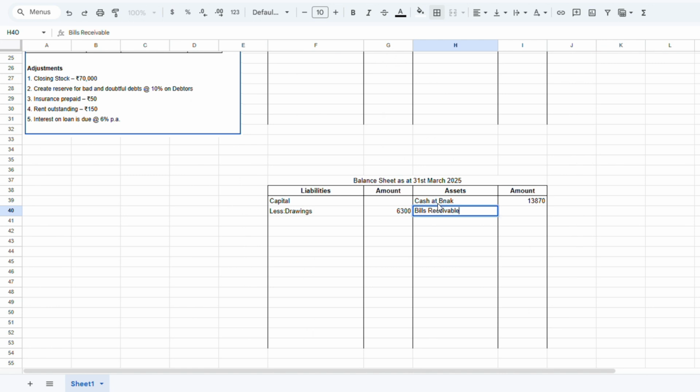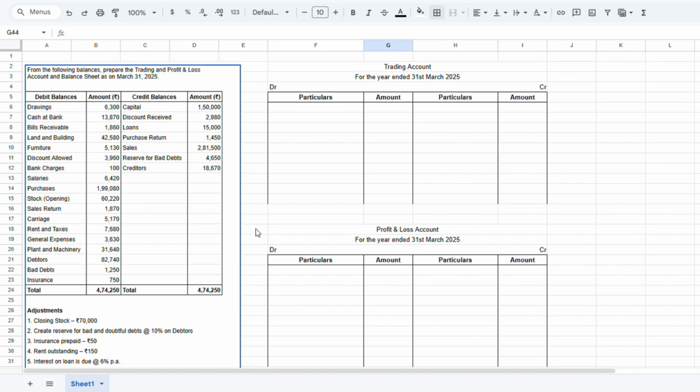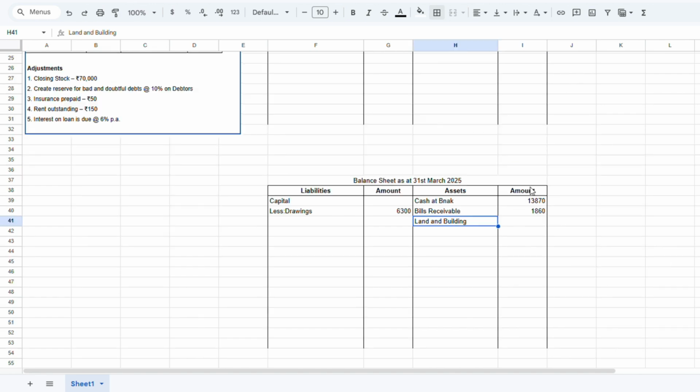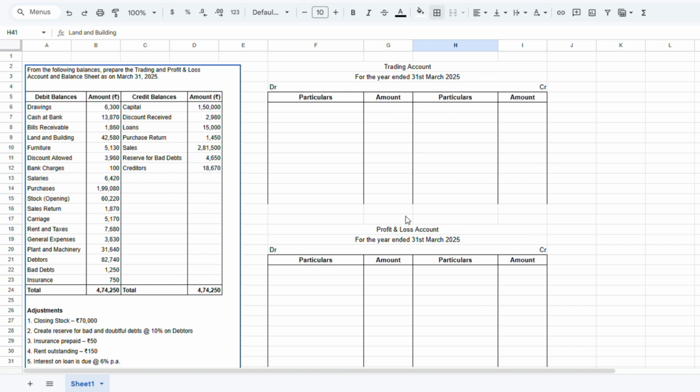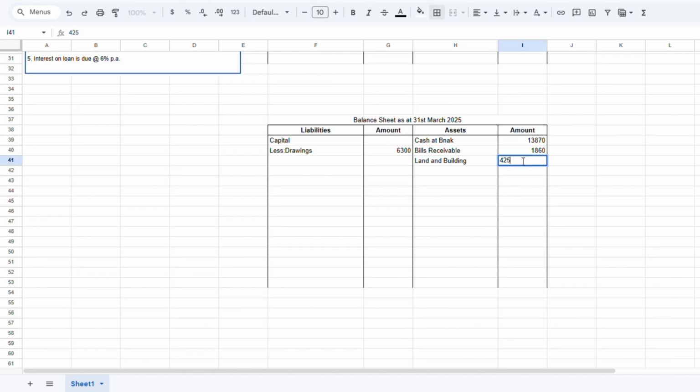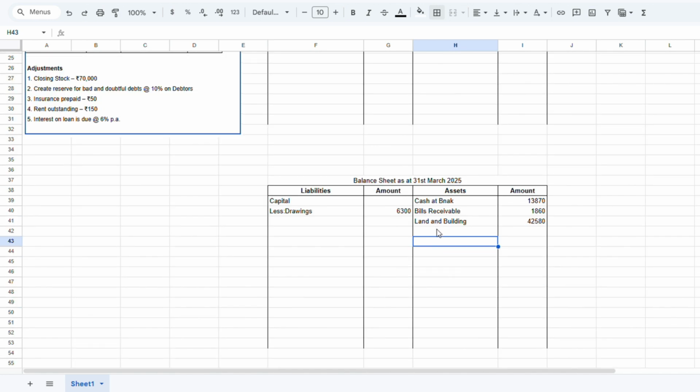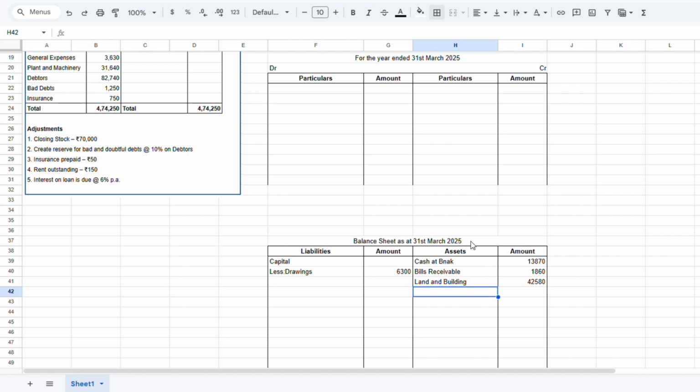Land and building 42,580. Furniture 5,130.